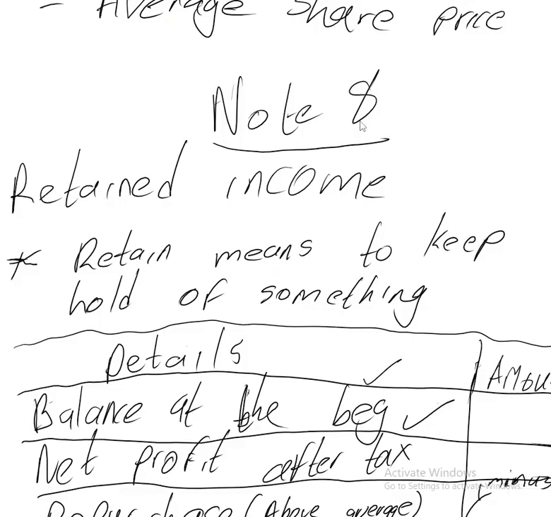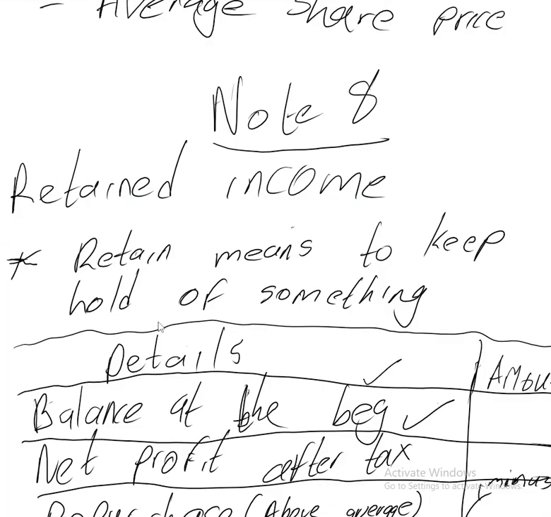Hence why here I'm telling you guys that retain means to keep hold of something, right? You need to look at, okay, in this financial year, how much did we make as a net profit in the company, right? We made this and this as a net profit, right? So after we've made this as a profit, how much of it did we keep in the company?